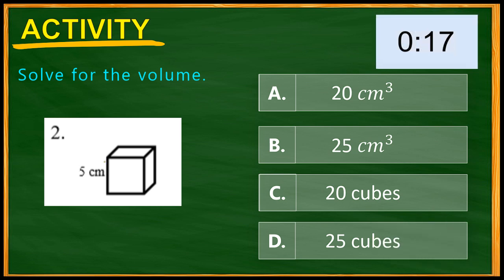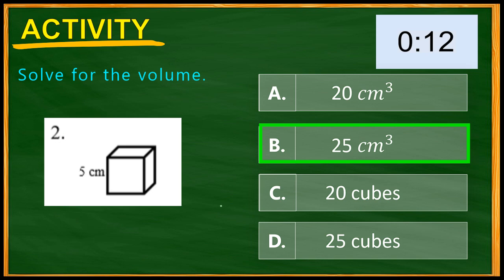So comment down your answer if you are done solving this problem. Is it letter A, B, C, or D? Okay, time's up. The correct answer is letter B, 25 cubic centimeter.